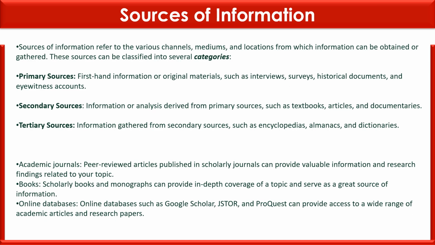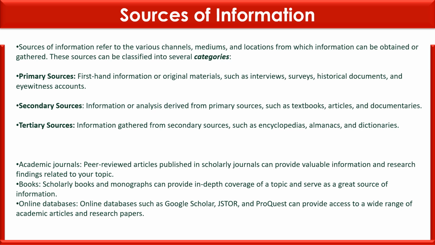Then sources of information. Source of information refers to various channels, mediums, or locations from which information can be obtained or gathered. These sources can be classified into several categories. For example, we have the category of primary sources, which is first-hand information or original materials, such as interviews, surveys, historical documents, and eyewitness accounts.